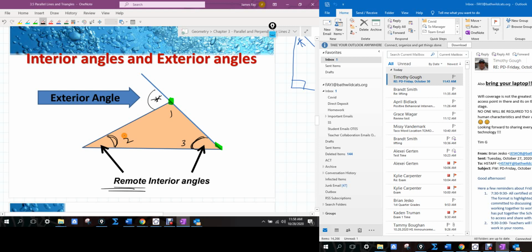Now, as I change my angles, let's cover that up, and I want to extend this, so now this is my exterior angle.